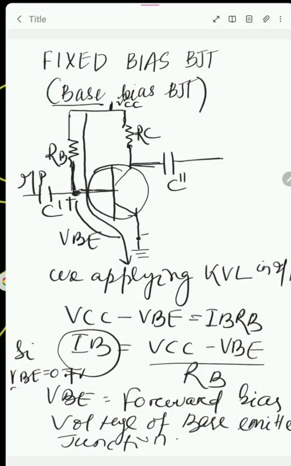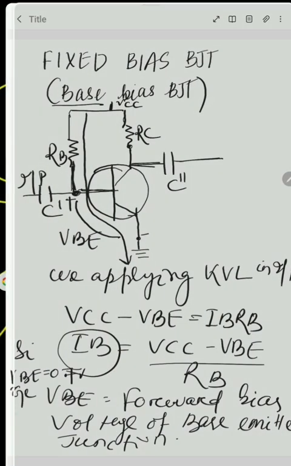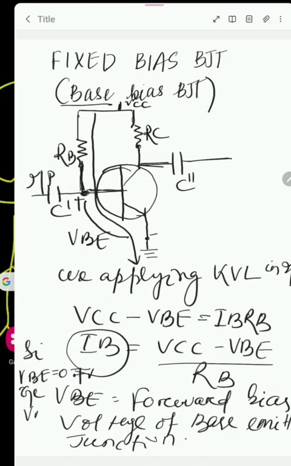In case of germanium, the value of VBE equals 0.3 volt. So from the input loop, applying Kirchhoff's voltage law, the base current is VCC minus VBE divided by RB.